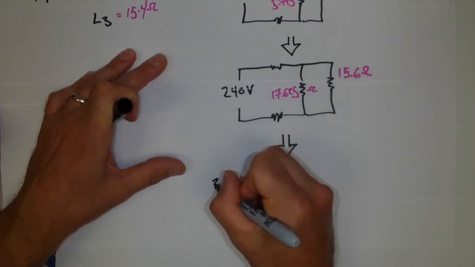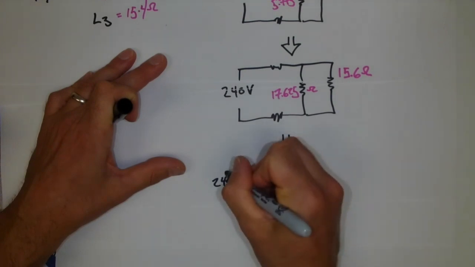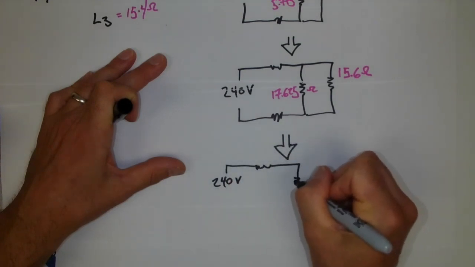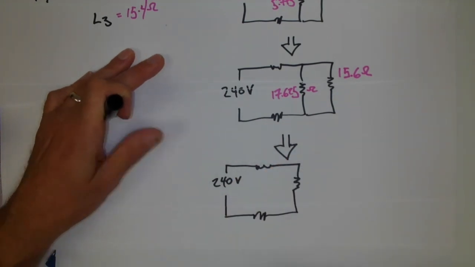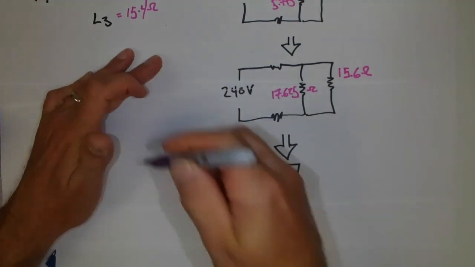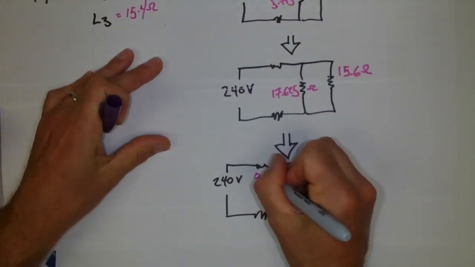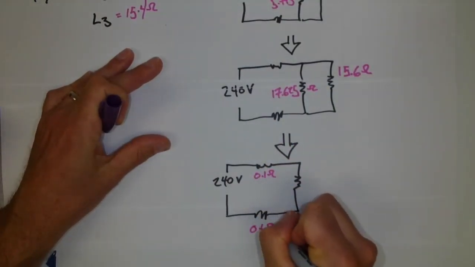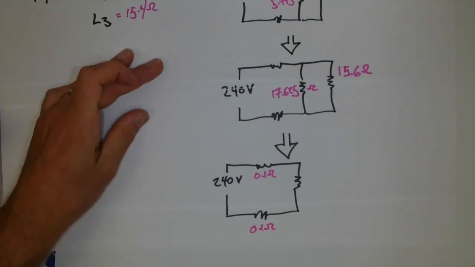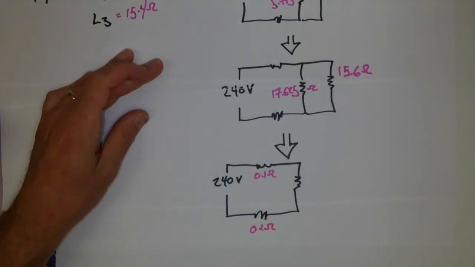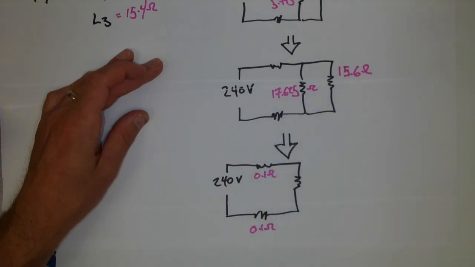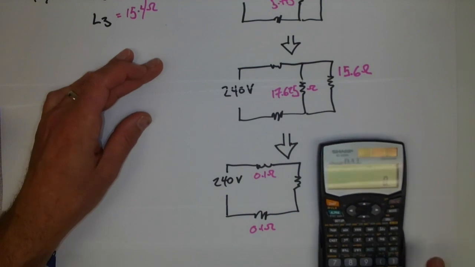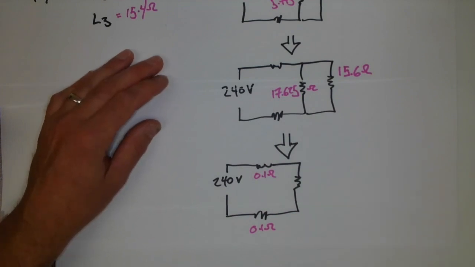So new drawing, 240 volt. This is what we're going to be left with. These two values here are still 0.1 ohms, and 0.1 ohms, and this final resistor here, what's this one? Well, it's the parallel addition of both of those. So that would mean that we have to take our original value.